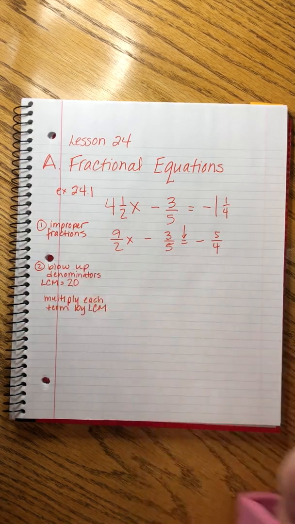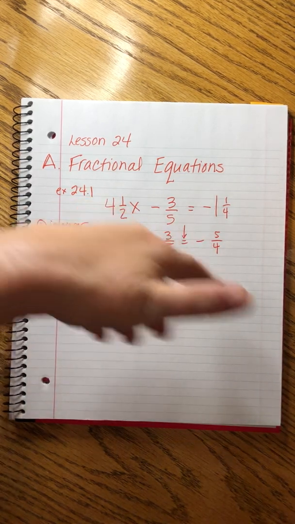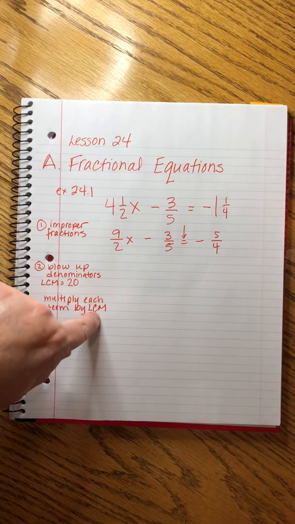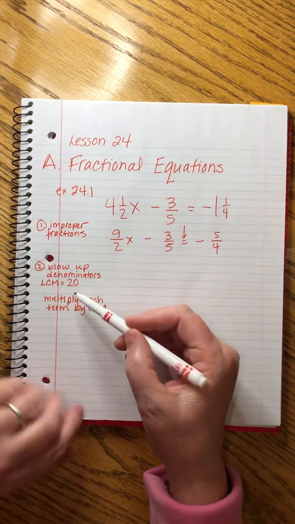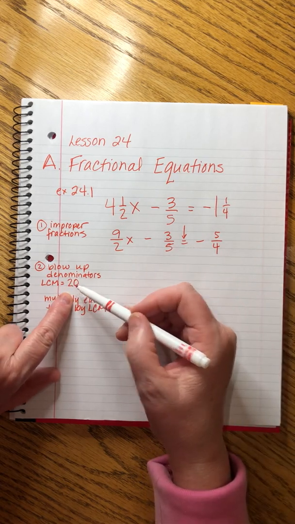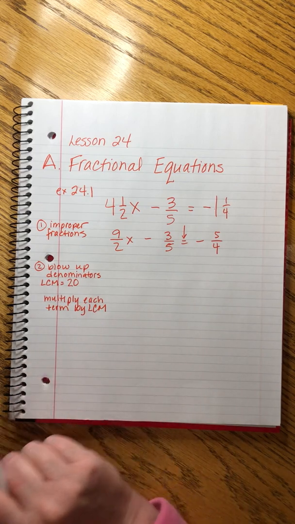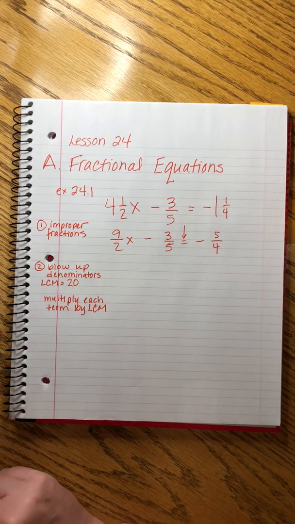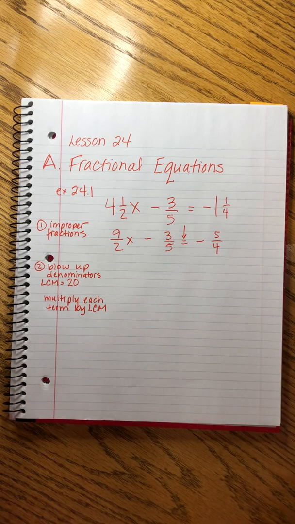So this is all one big step. Multiply each term on both sides by the LCM. What that's going to let us do is cancel. And because we chose our LCM wisely, every denominator is going to divide cleanly into that LCM. That is a chef's kiss, you guys. That is a mathematician's kiss. And it's going to be beautiful and perfect, and we're going to be so happy.